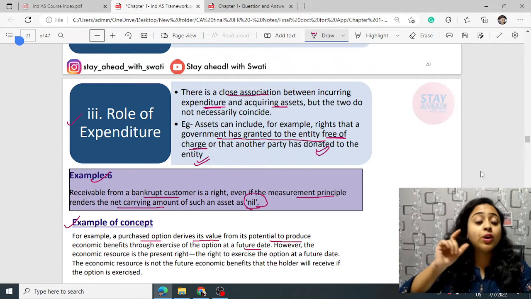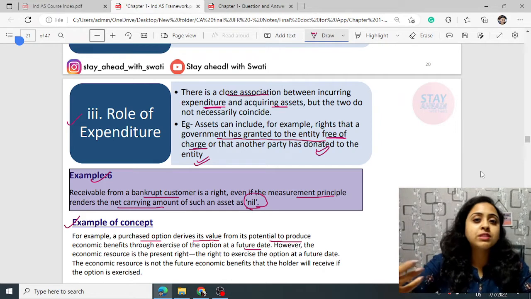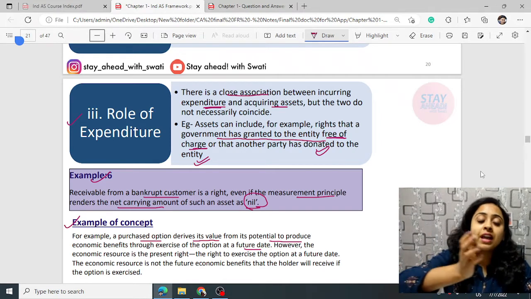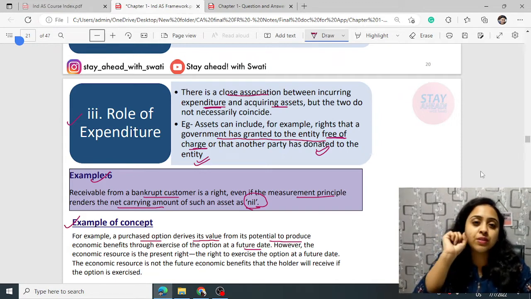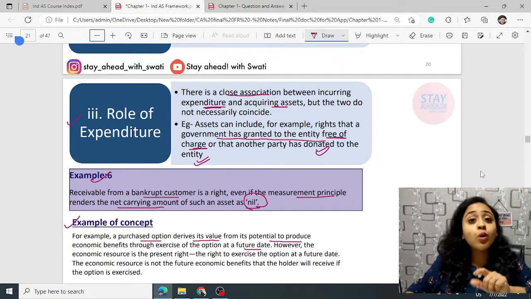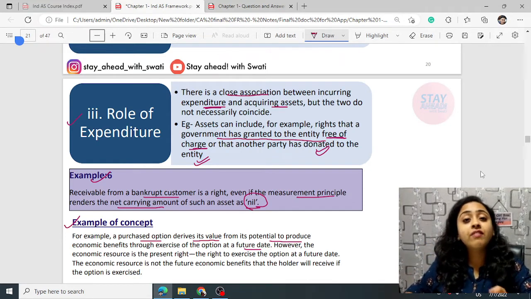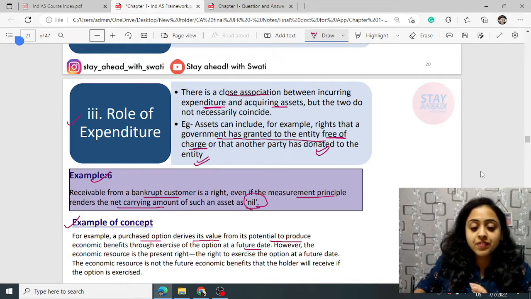You simply calculate the future expected cash flows, inflows and outflows, do their present valuation, sum up, and see what the present value is, what its valuation is on the current date. It is a technique. You have explored the future potential benefits it could produce, and you have now expressed them as a present value, economic benefits through exercise of the option at a future date. However, the economic resource is a present right.